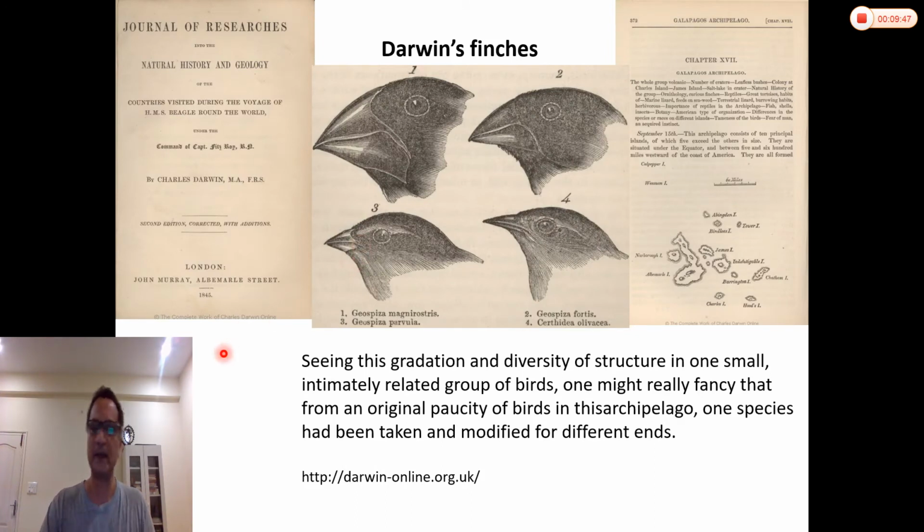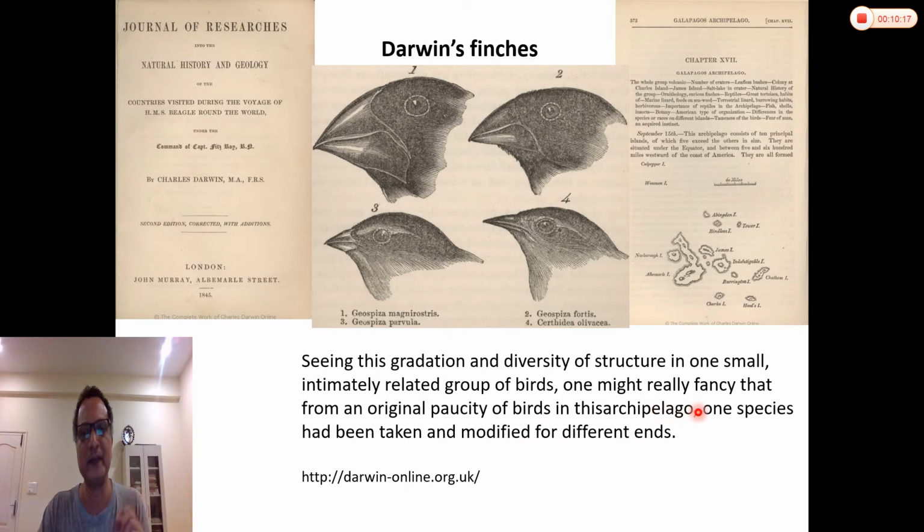Okay. So as I said, Darwin was deeply influenced by what he saw in the islands, particularly in the Galapagos Islands. And in the Galapagos Islands, we have finches, which are today called Darwin's finches. And what he says is that seeing this gradation and diversity of structure in one small, intimately related group of birds, right? So he's commenting here about the beak shape.